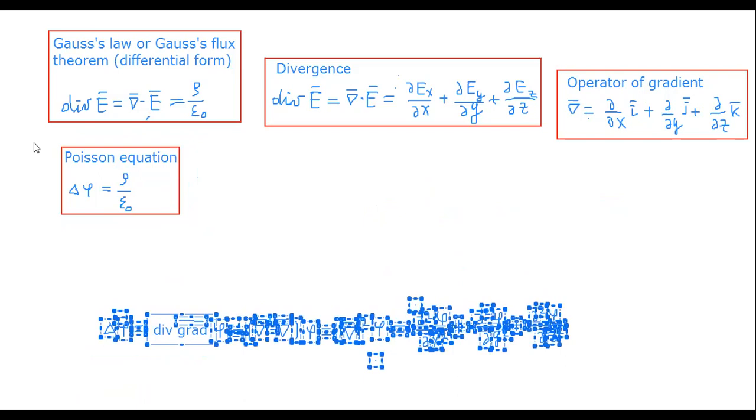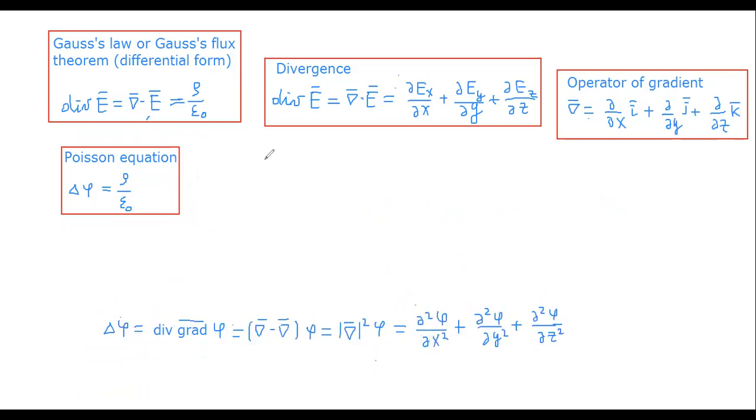And I will write that this delta is equal to d in second order by dx in second order plus d in second order divided by y in second order and plus d in second order divided by z in second order.